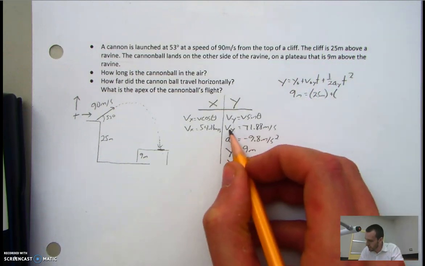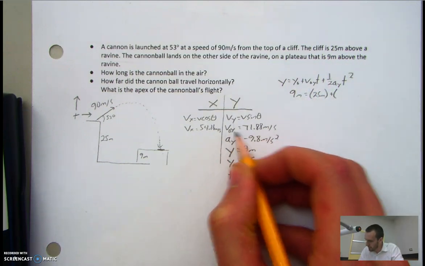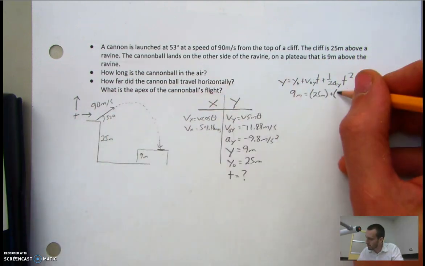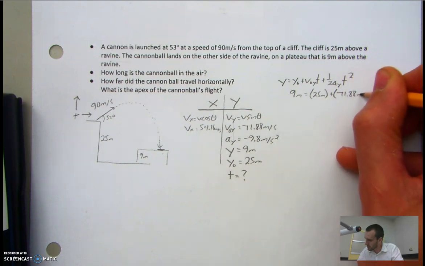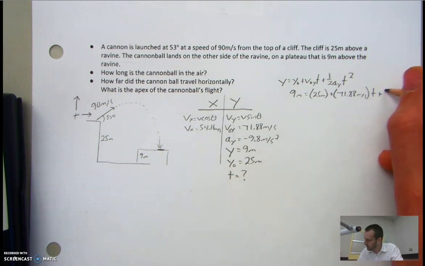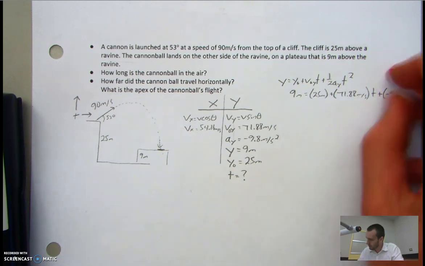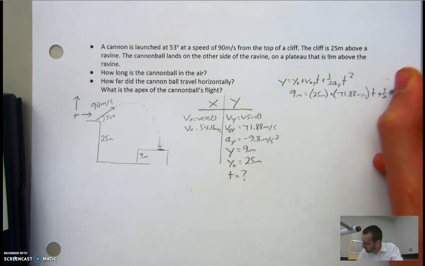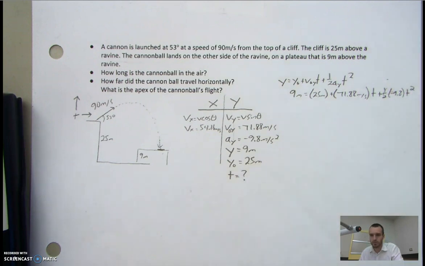That's our initial y velocity because it's our y velocity as we were being launched at the beginning of the problem. And so that's going to be 71.88 meters per second times t, which we don't know, plus 1/2 of negative 9.8 times t squared. Just barely fit it on the screen there.